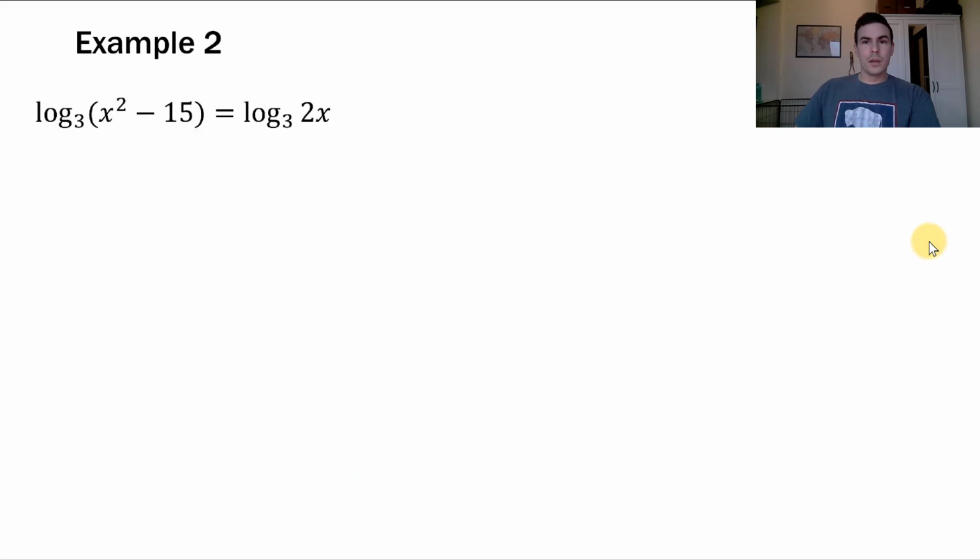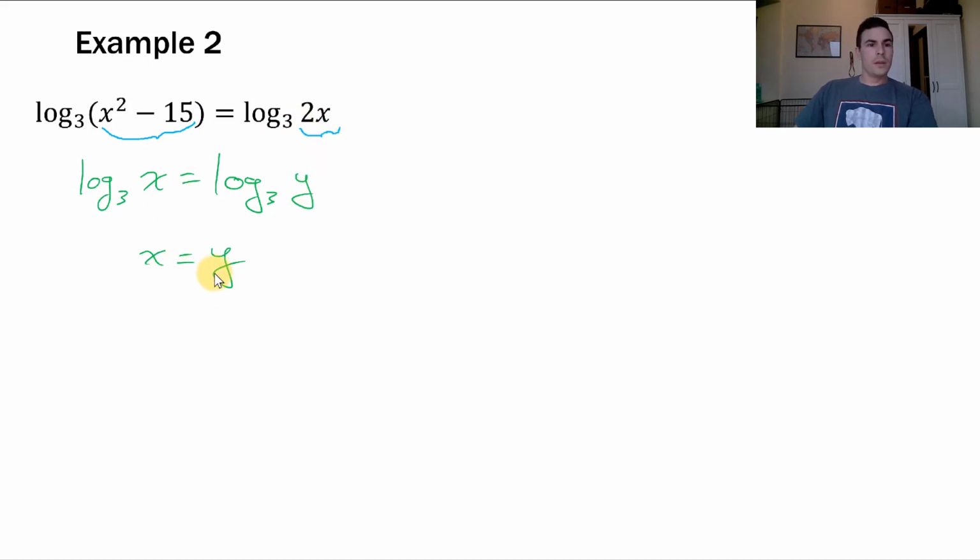Okay. Moving on, next example here, we've got log base 3 of x squared minus 15 is equal to log base 3 of 2x. So thinking about our property of equality, I've got log base 3 of x equals log base 3 of y. That's true only if x and y are equal to each other, right? Well, in this case, this whole thing here, I can think of as my x, and then this whole thing here, I can think of as my y.